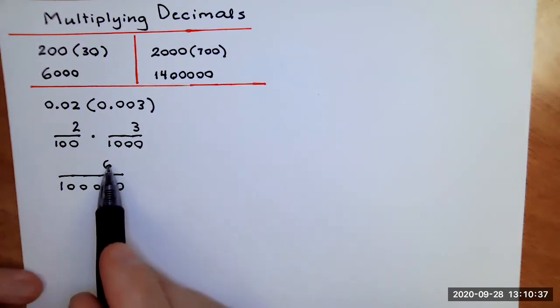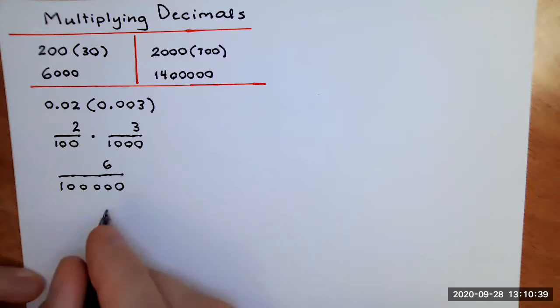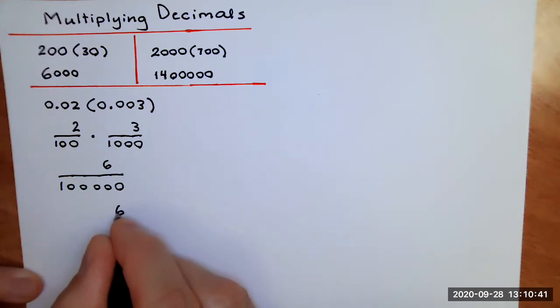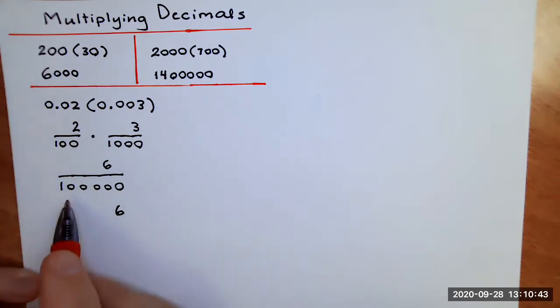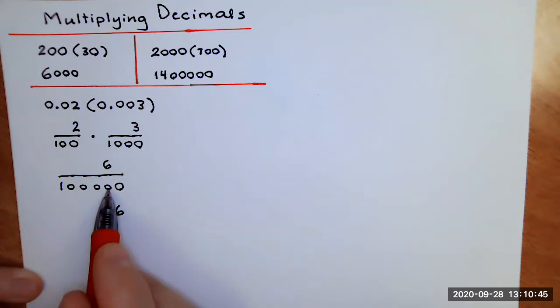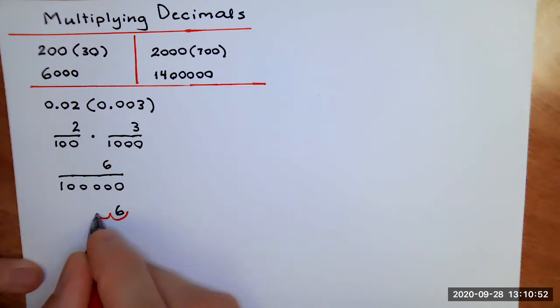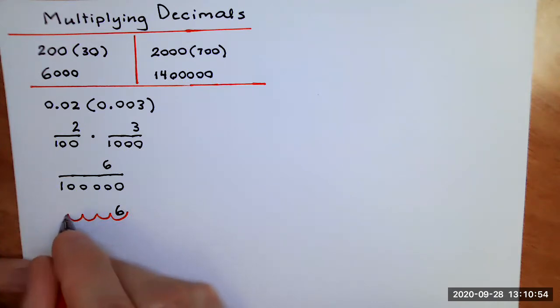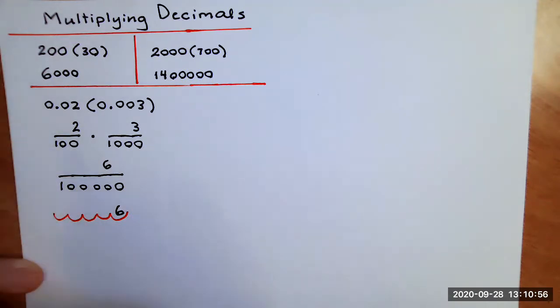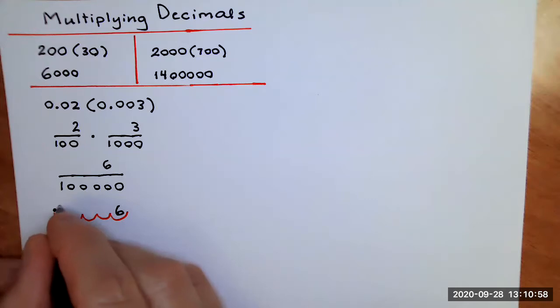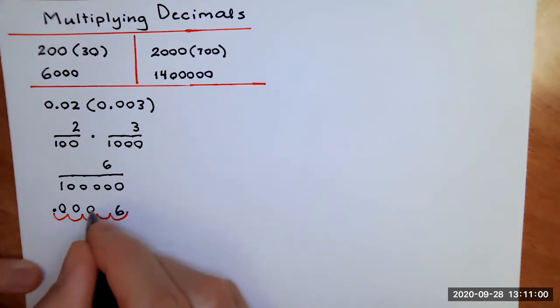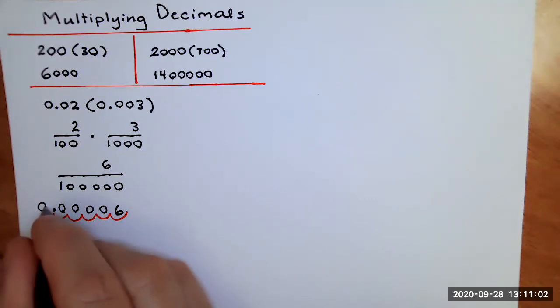And then to write this as a decimal, you recall from the last section, you write the 6. You count 1, 2, 3, 4, 5. So we start at the right, we move the decimal point 1, 2, 3, 4, 5 times and fill in those empty spots with zeros.